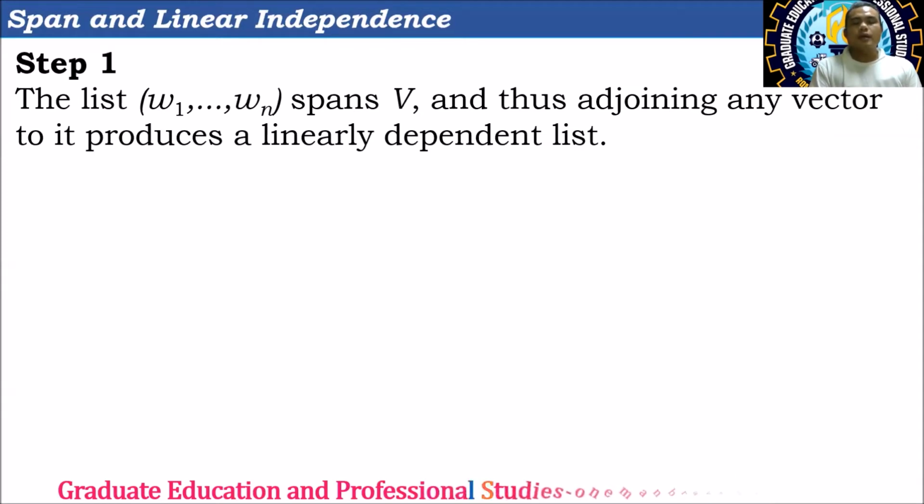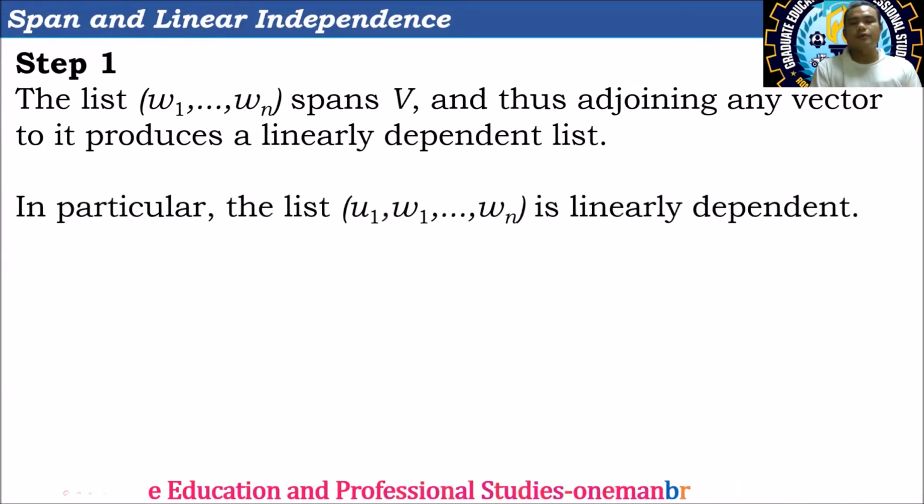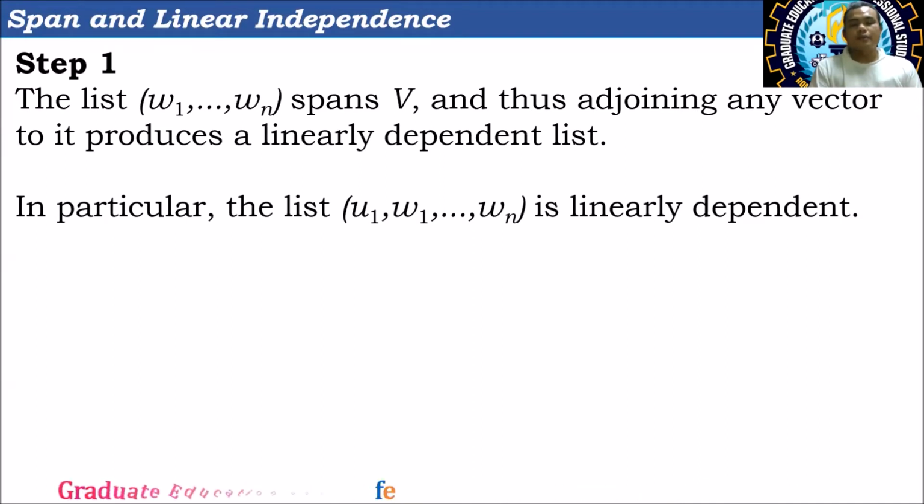In particular, the list u1, w1 to wn is linearly dependent, of course, because it is a mixture of u and w.